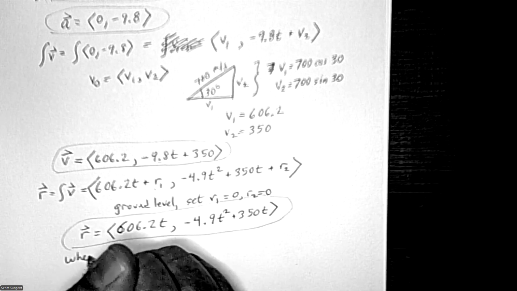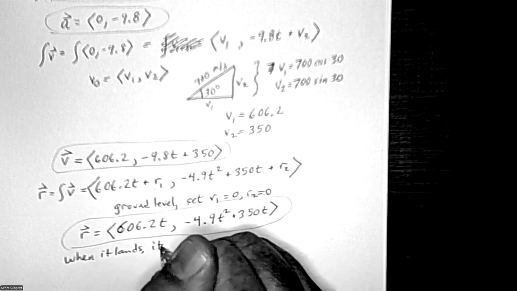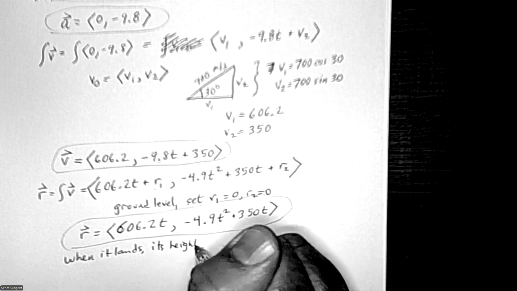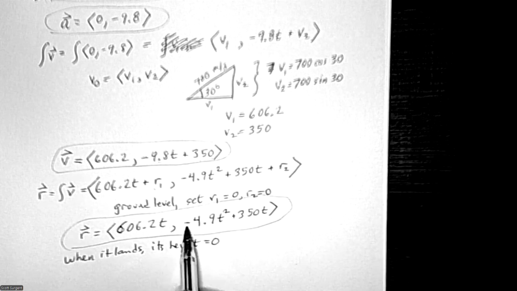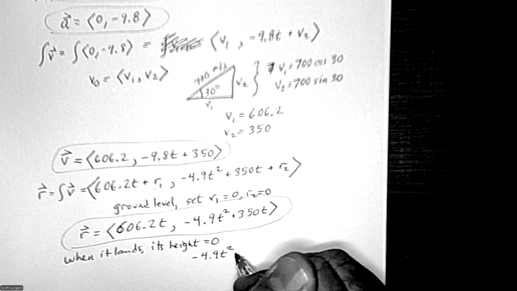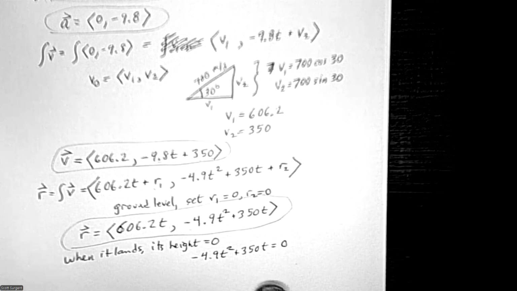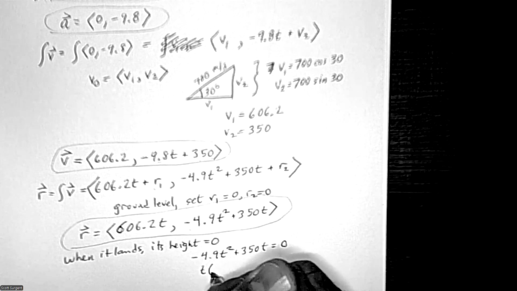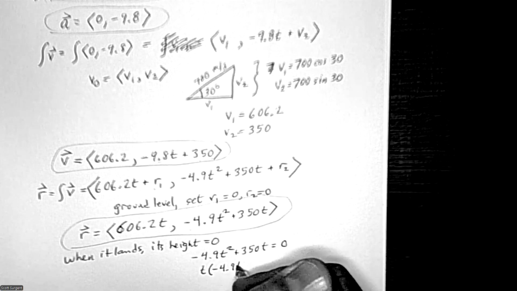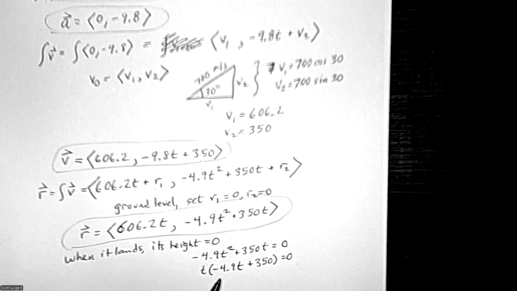So when it lands, its height should be 0, right? So we'll set the second component equal to 0. Now in this case, I can factor out a t and check it out. You get two answers.